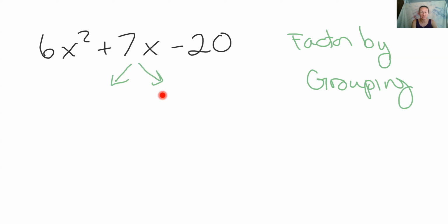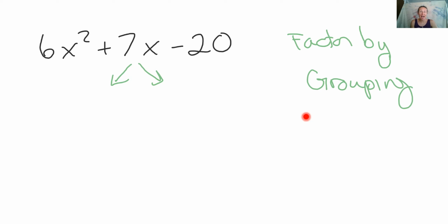We want one of these pieces to share factors with the 20, and we want the other piece to share factors with this guy, in a way that after we factor those two pairs, they'll have a common factor between the two pairs, okay? So the trick here is we need to factor that 7x into two numbers.